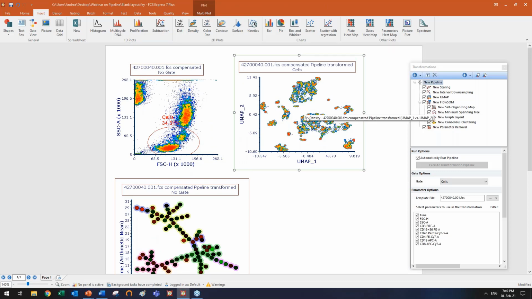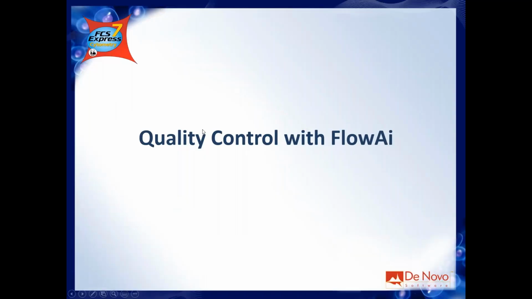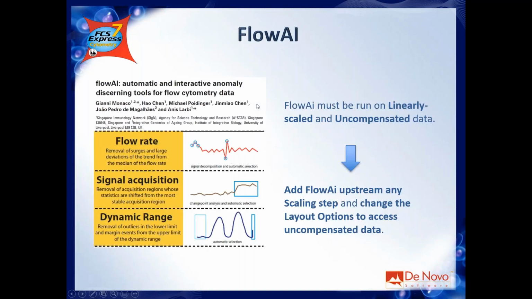Now, let me go back to our presentation and speak about Flow AI. The quality control that I was mentioning at the beginning, and you will see why I decided to keep it at the very end. Flow AI performs 3 quality controls. First, the flow rate, meaning that it checks whether you have any outliers.